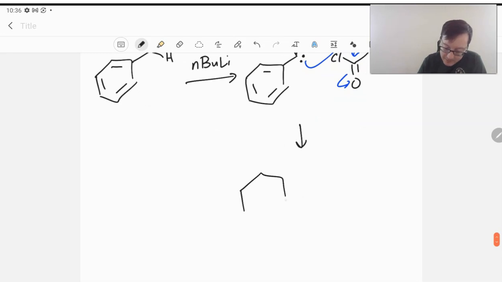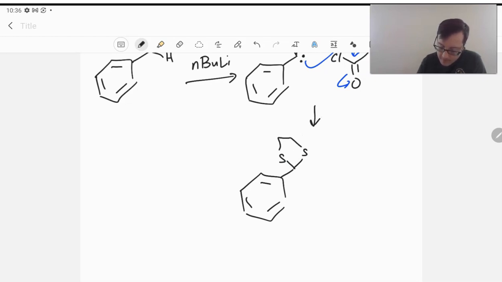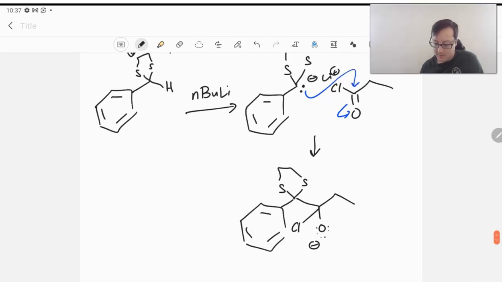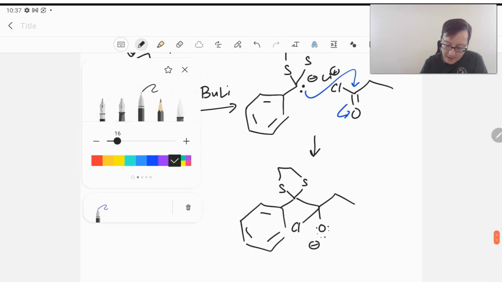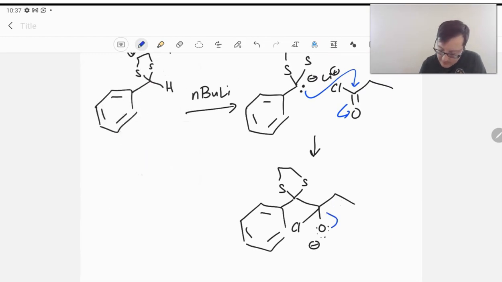But it's an example of how synthetically useful this reaction is. All right, so now we have attacked our carbonyl. So we have that minus charge, we have the chloride, and then the other two carbons. And we have a leaving group already in this molecule, so down it comes, kicks off the chlorine.